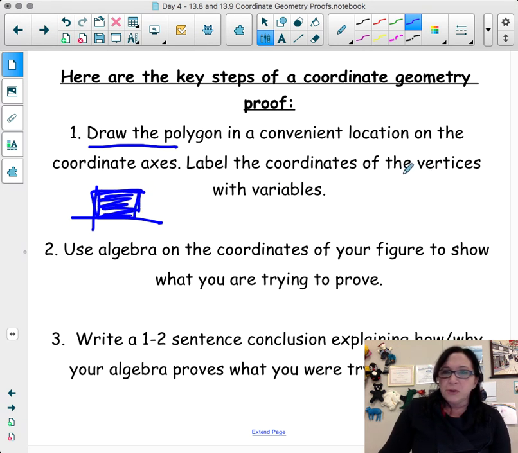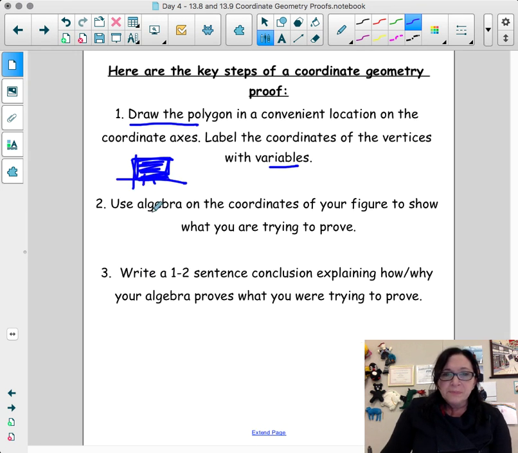Make sure you label your coordinates with variables, not with numbers. Don't start counting over. You're making it for any rectangle, any square, any parallelogram. So you're using variables. Number two, use algebra on the coordinates of your figure.